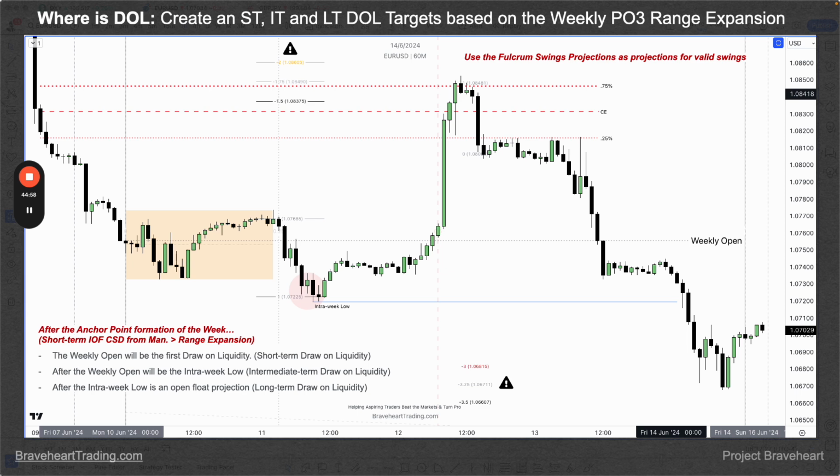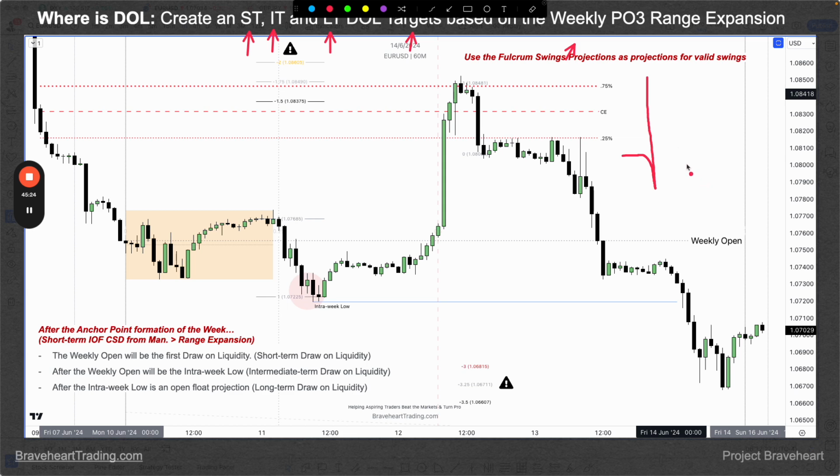So where's the draw on liquidity? When it comes time to draw liquidity now, we want to create a short-term draw on liquidity, an intermediate-term draw on liquidity, and a long-term draw on liquidity. Okay, and we want to create these targets based on weekly Power 3 range expansion. So remember that open, low, and expansion.